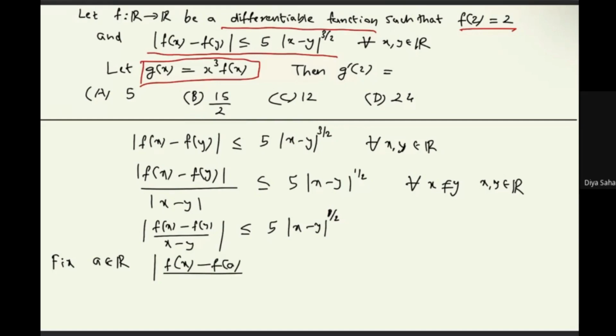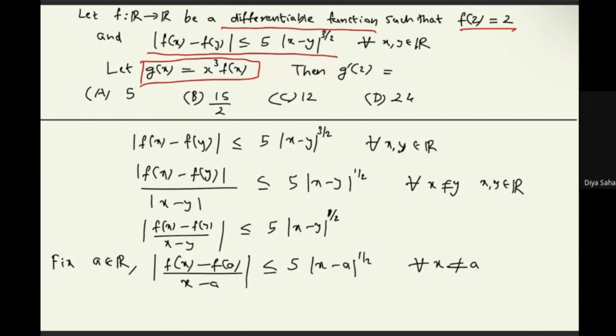I am writing a because generally we don't use y, we use y for the variable, so to avoid confusion I am writing a. This is true for all x not equal to a from the above statement.